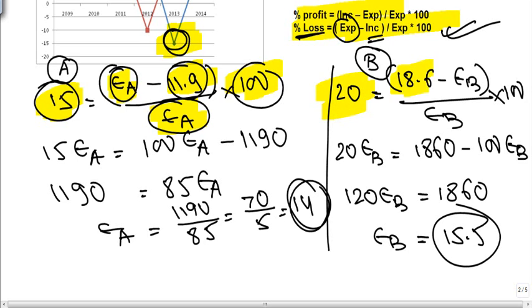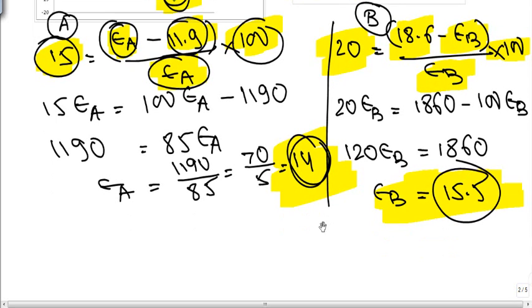This is the long cut we use. B had 20% profit, income more, expenditure lesser, upon expenditure of B. Expenditure of B and expenditure of A, the difference. The typical bookish way: 15% loss for A, income less, expenditure more; B 20% profit, income more, expenditure less. So the difference of the two is 1.5.